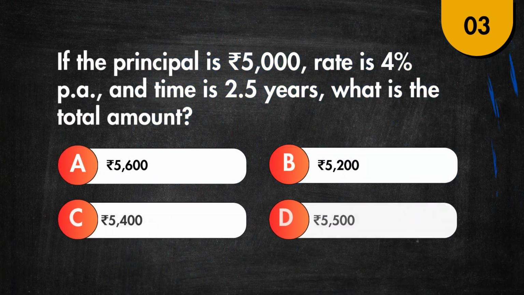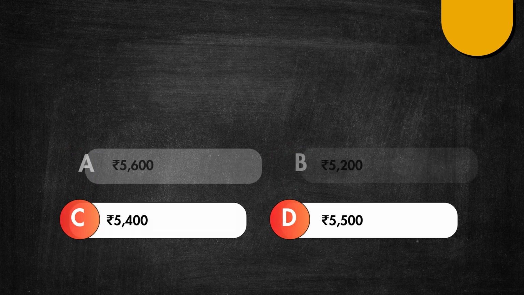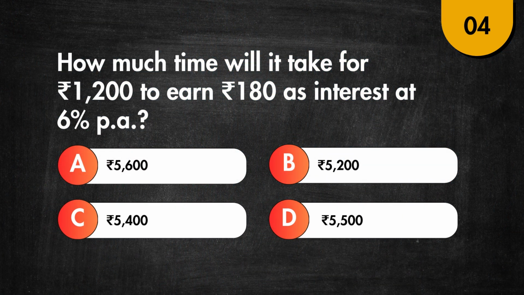If the principal is 5,000 rupees, rate is 4% PA, and time is 2.5 years, what is the total amount? How much time will it take for 1,200 rupees to earn 180 rupees as interest at 6% PA?